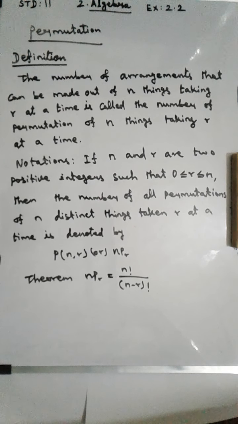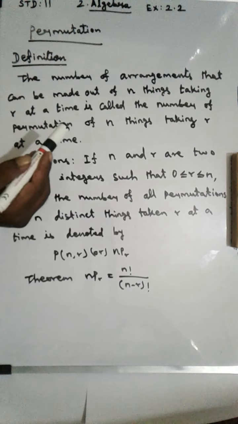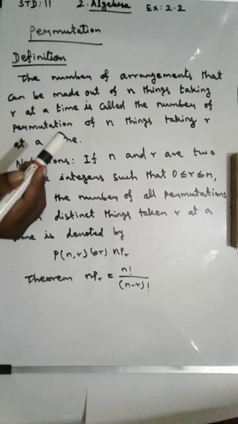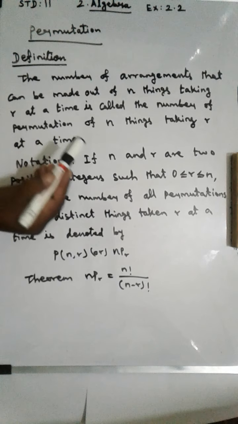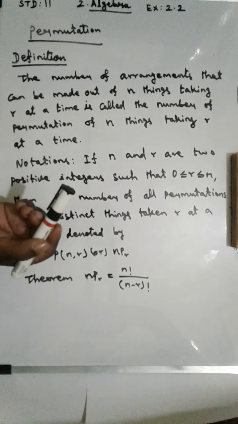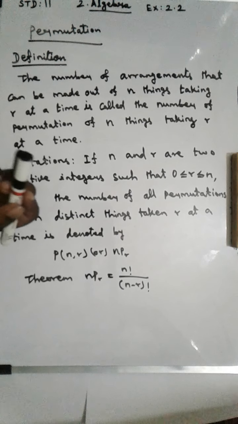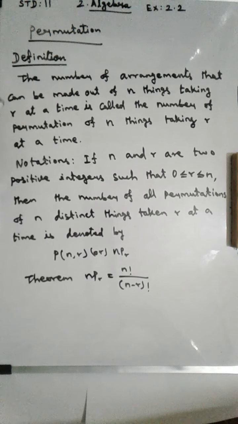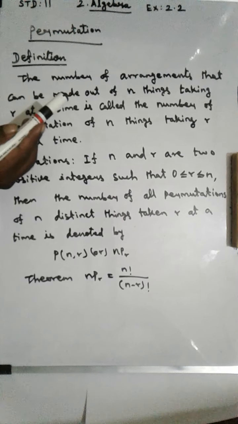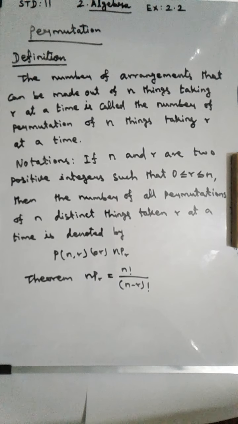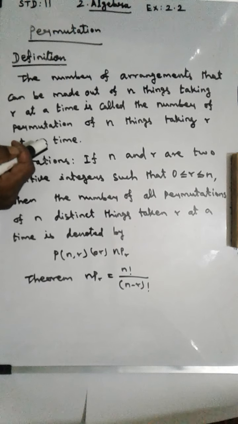Any number r less than n we should take at a time. Taking r at a time is called the number of permutations of n things taking r at a time.